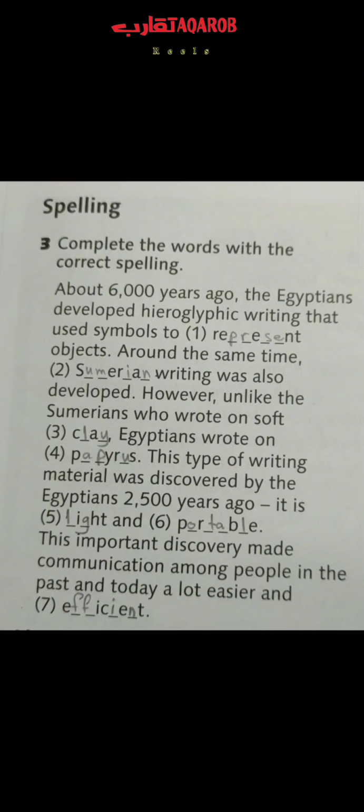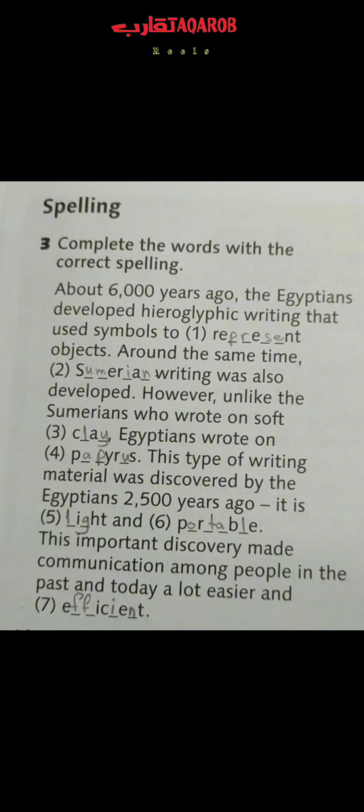Now spelling, page 35. Complete the words with the correct spelling. About 6,000 years ago, the Egyptians developed hieroglyphic writing that used symbols to represent. So the spelling of represent is REPRESENT. To represent objects.